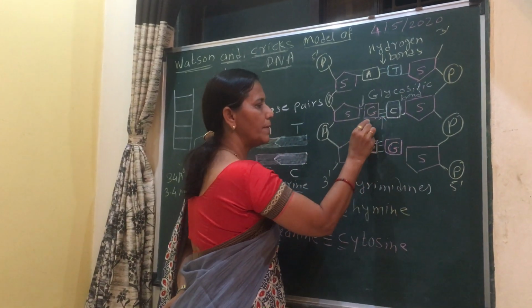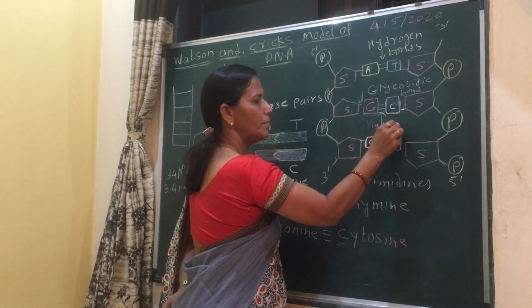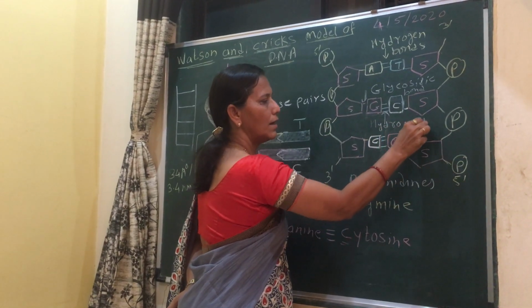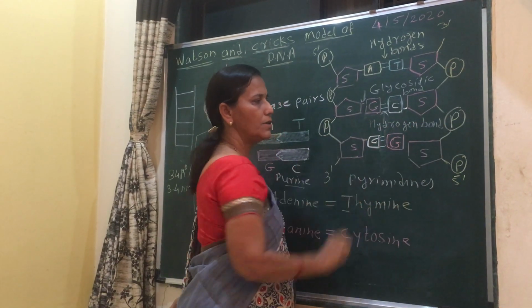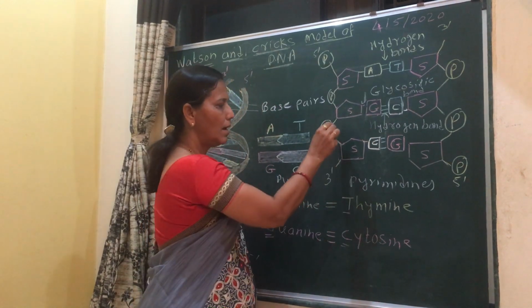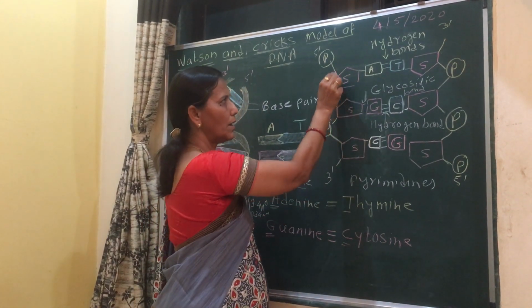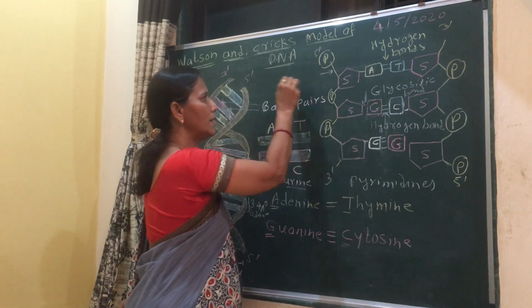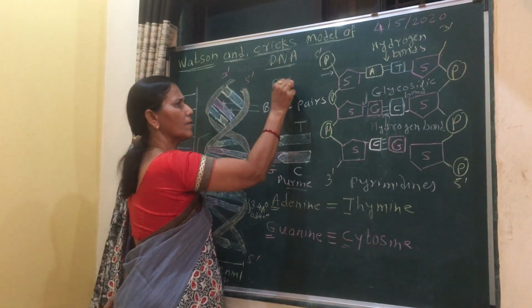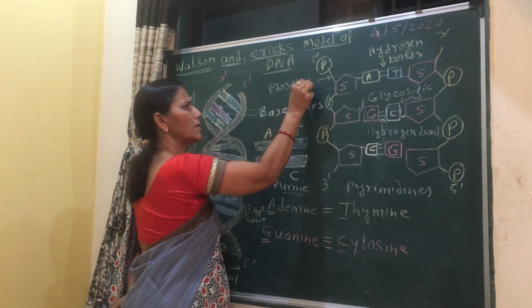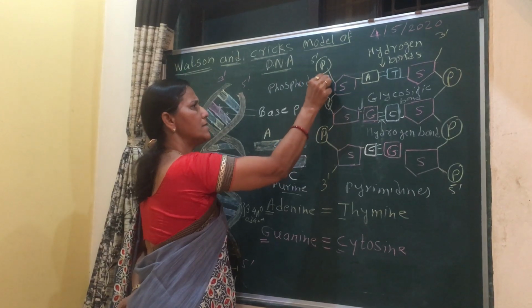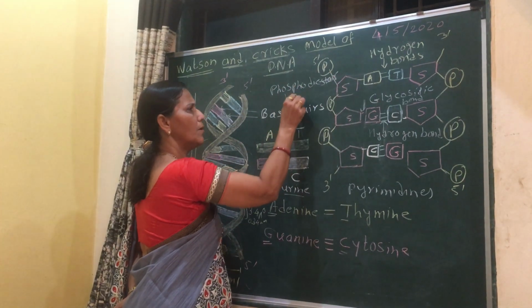I already explained, in between nitrogen bases hydrogen bonds are present, and in between the sugar and phosphate there is a phosphodiester bond.